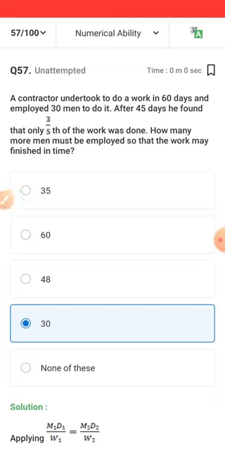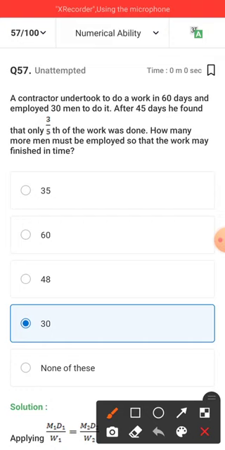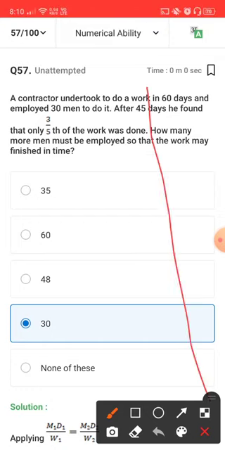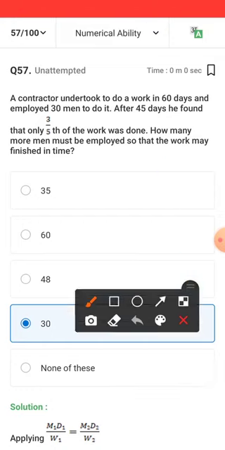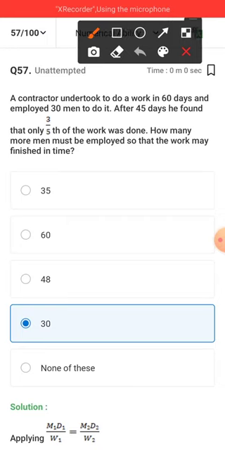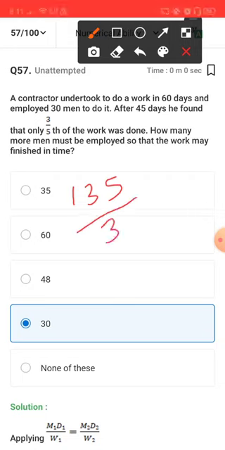3/5 of the work is done. What is 3/5 of the work? We consider 30 men in 45 days can do 3/5 of the work. So just multiply: 30 into 45 is 1350. So they only did 1350 of the work, which is 3/5 of the portion.